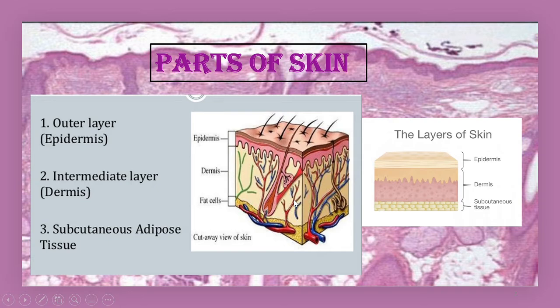Now, see the parts of skin. The mammalian skin comprises 3 layers. The outermost layer is called the epidermis, whereas the intermediate layer is the dermis and the innermost layer is called the subcutaneous layer, which is made up of adipose tissues.